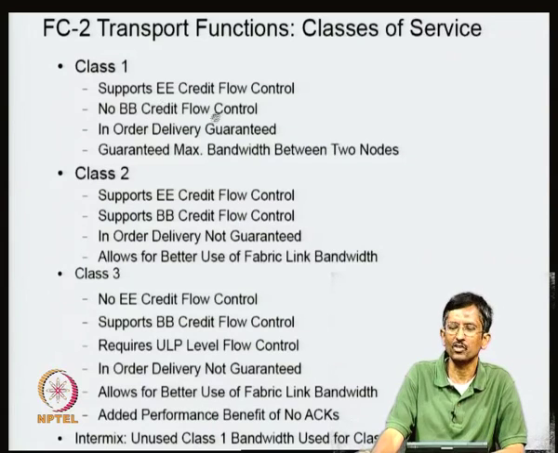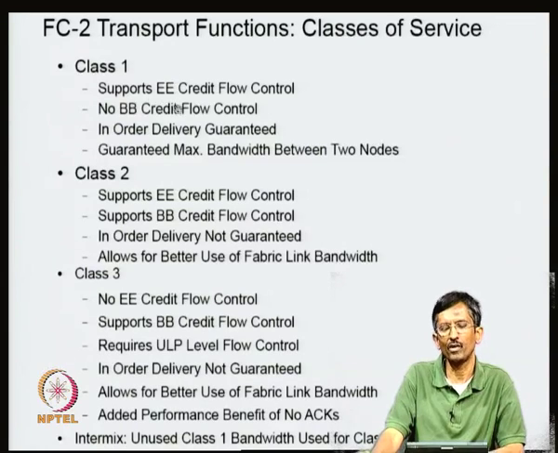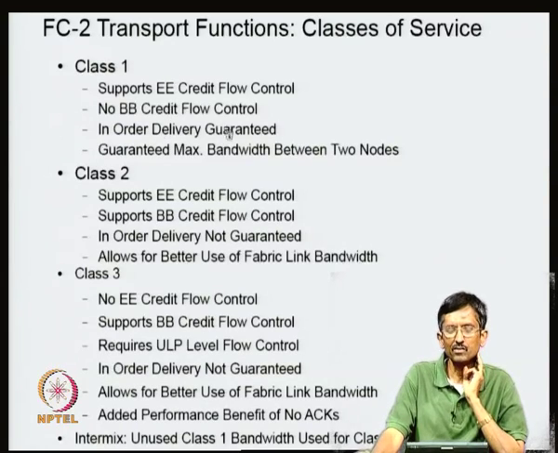It takes a lot of trouble to make sure that your data that is sent arrives in the same order in which it was queued, and also to make sure that across the whole Fibre Channel network there is end to end credit flow control. And so, this is going to be the most difficult one to engineer from the point of view of the Fibre Channel network. Okay, it requires a lot of infrastructure, a lot of hardware.